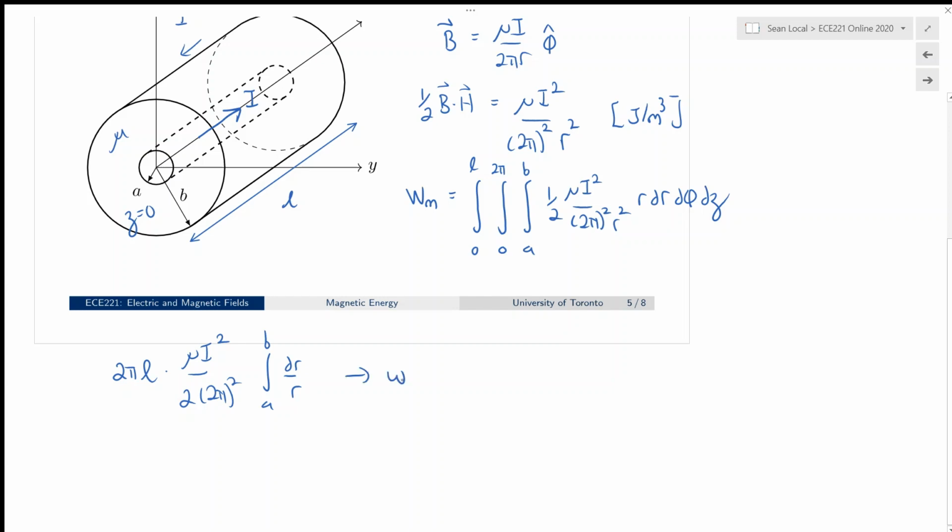So our stored magnetic energy is mu L I squared over 2 times 2 pi times ln b over a.